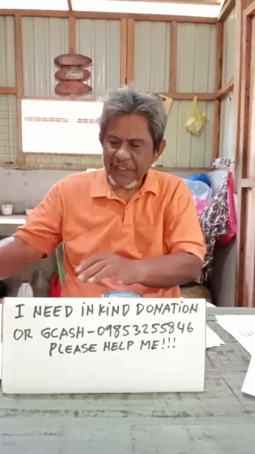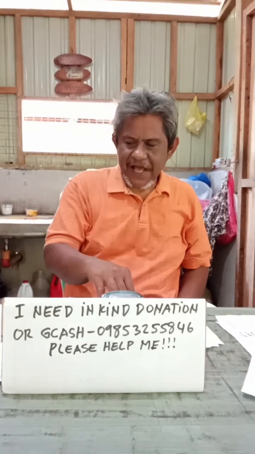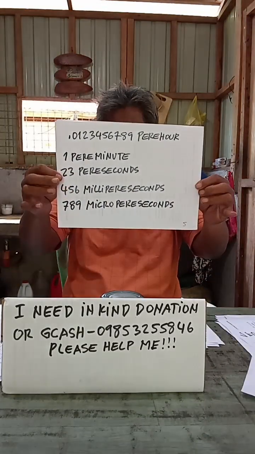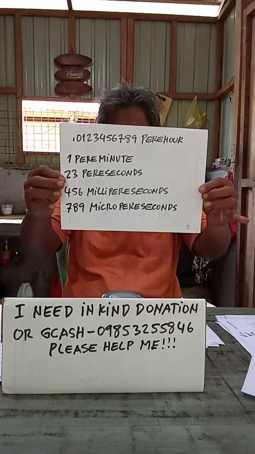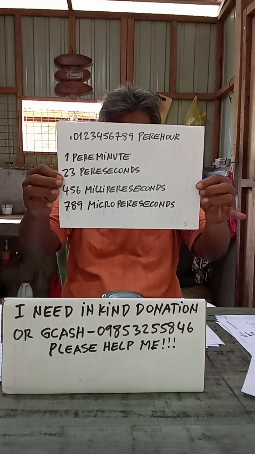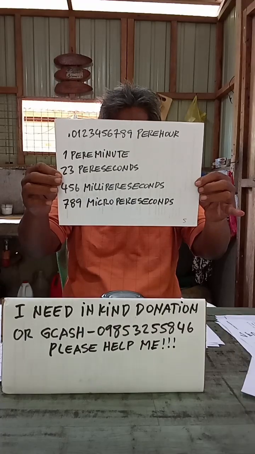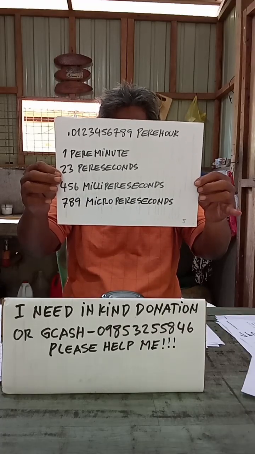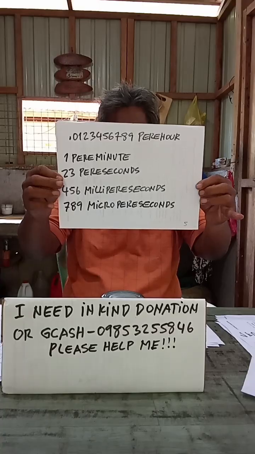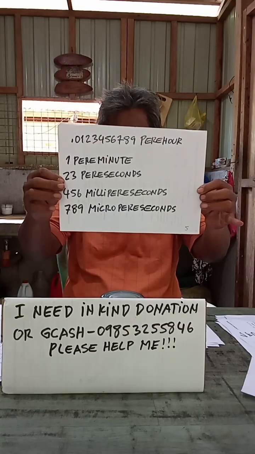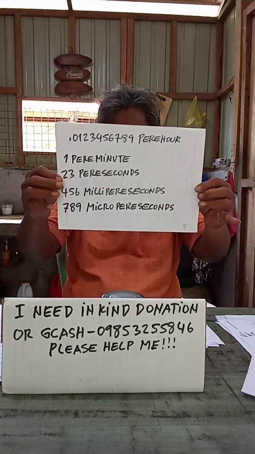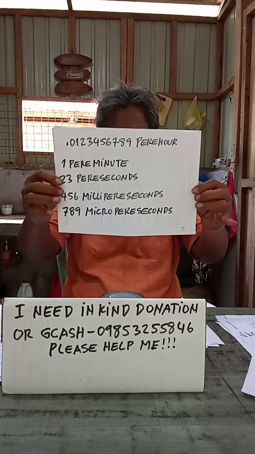Okay. So, let's proceed to the decimal per hour. The decimal per hour: 0.0123456789 per hour, or 1 per minute, or 23 per second, or 456 milli per seconds, and 789 micro per seconds.